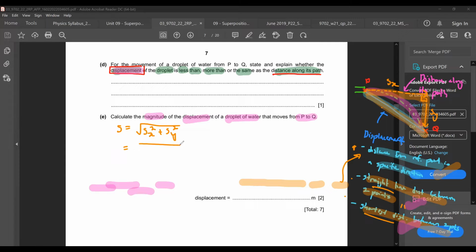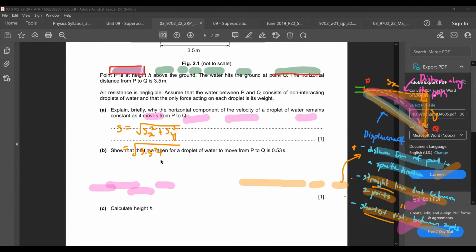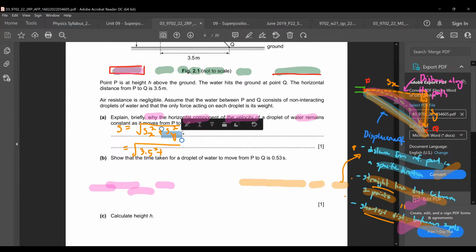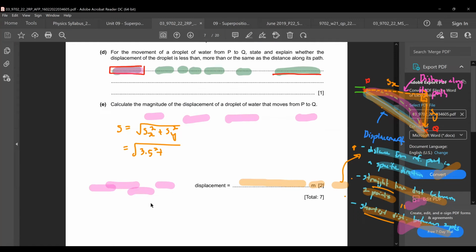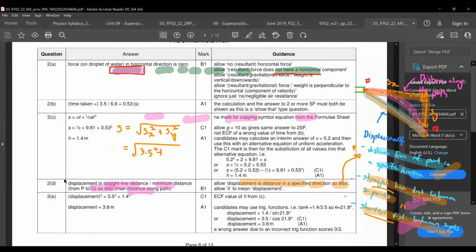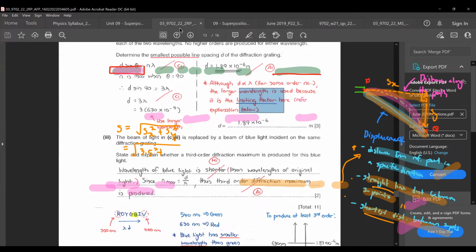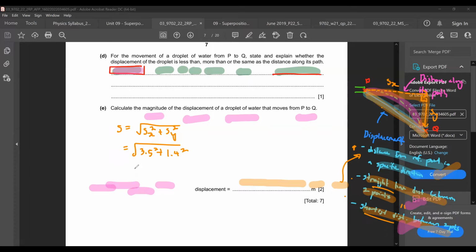You already know sx is 3.5, which you found earlier. Your sy is actually your h that you found just now. I found it as 1 point something, but I'll use the marking scheme answer, 1.4.